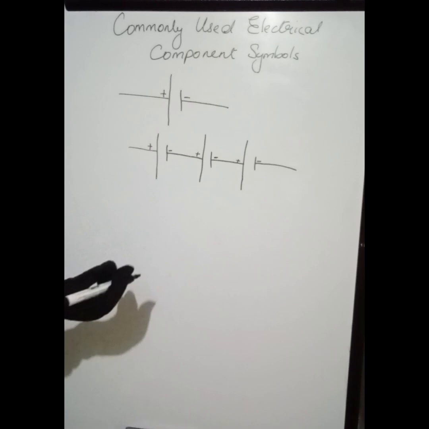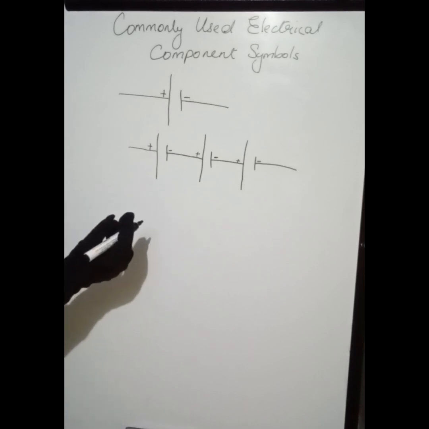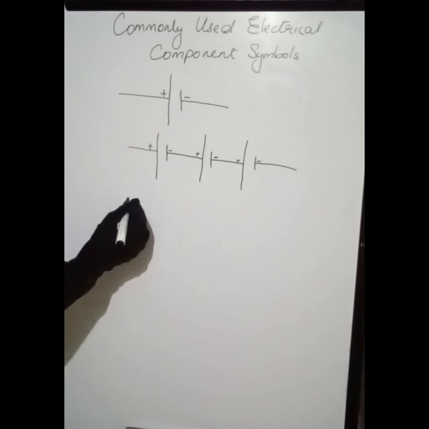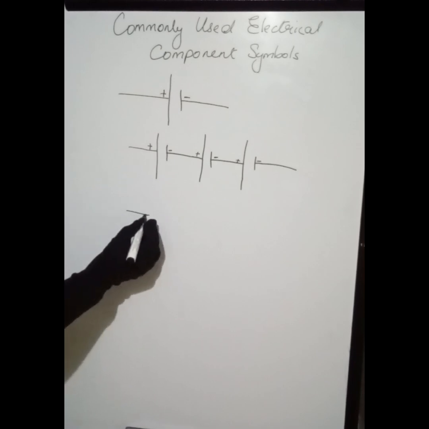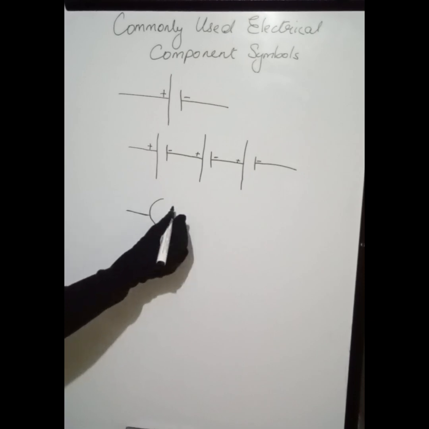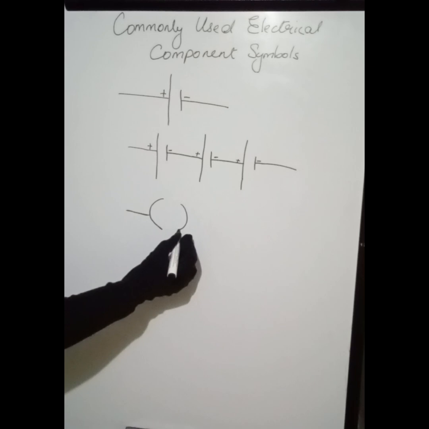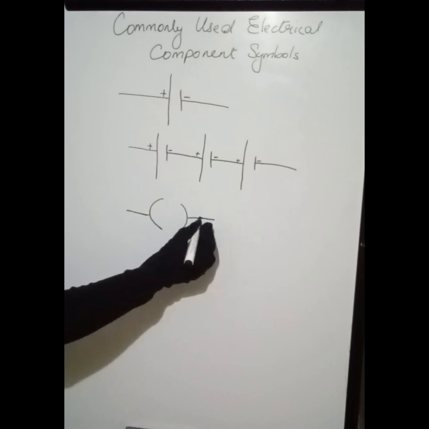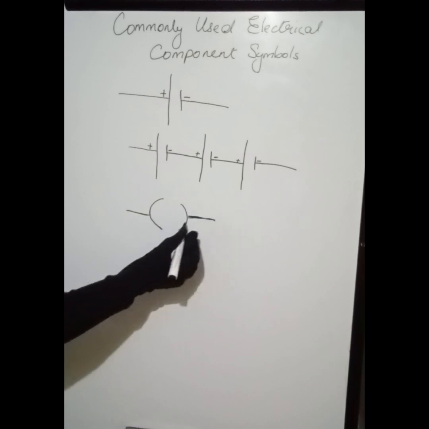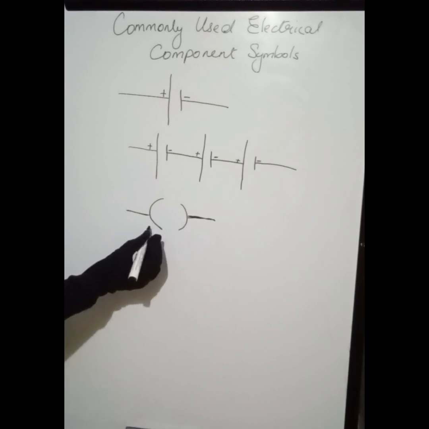So, how do you draw a switch or a plug key which is open? In physics, you will represent this as a sleeping line, then you draw a right curve, then a left curve, and then again a sleeping line. So this would represent your plug key or an open switch.